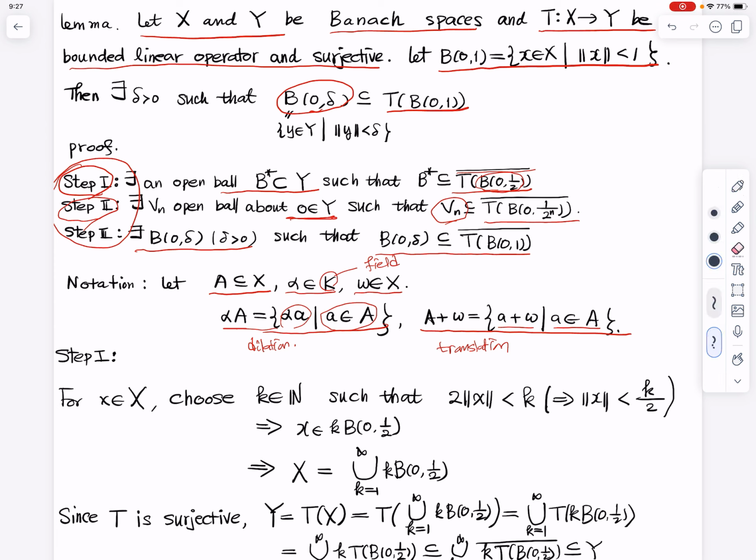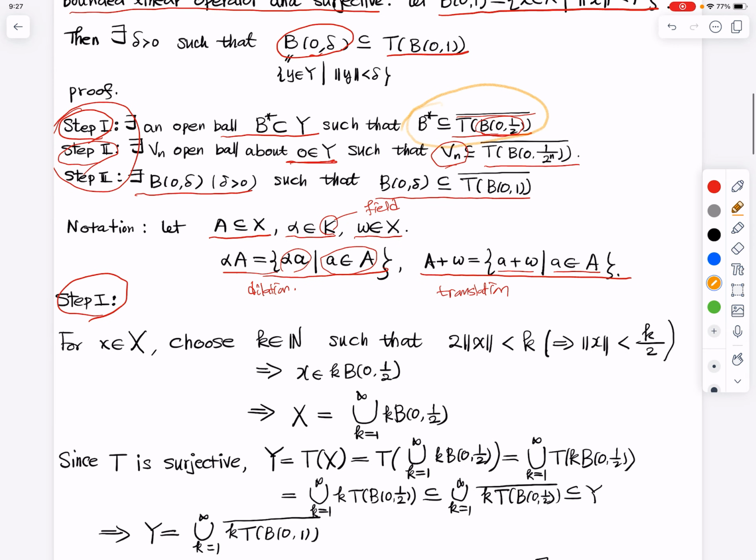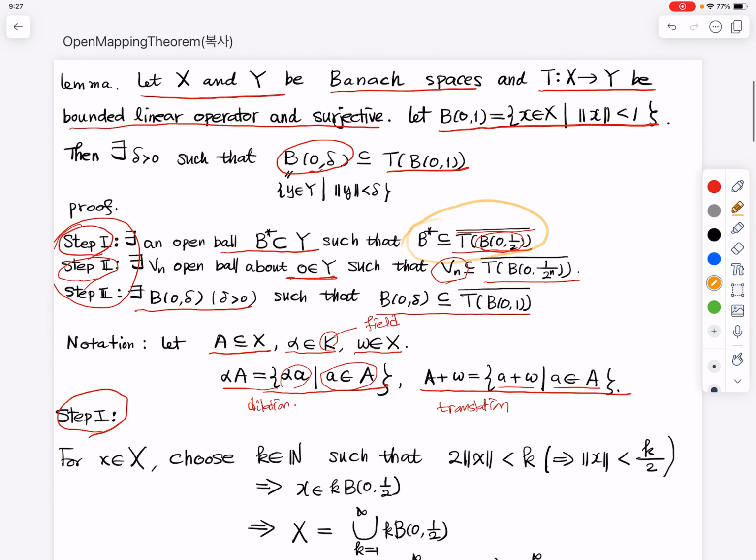Okay, so let's try to prove step 1. Here is one of the important properties: X and Y are Banach spaces, so they are complete spaces.